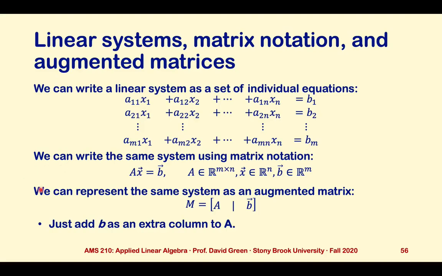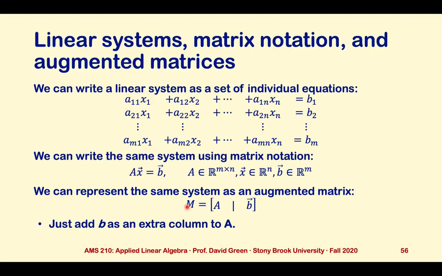I'm now going to introduce the idea of representing this system as an augmented matrix. An augmented matrix really simply defines a new matrix, M, that starts with A and adds one extra column that contains B. A has m rows, as does B, and so this is a well-defined matrix.